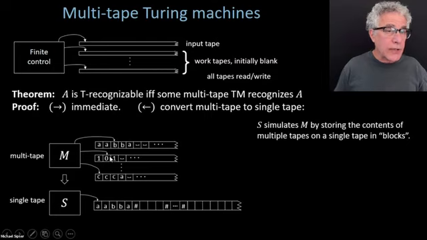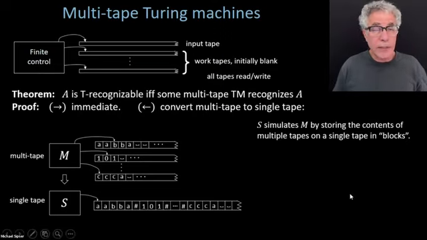In the second block, it's going to have the contents of the second tape of the multi-tape machine. And the final block of the single tape machine's tape is going to have the contents of the last tape of M. Then it's followed by the same infinitely many blanks that each of these tapes has following the portion they may have written during their computation.